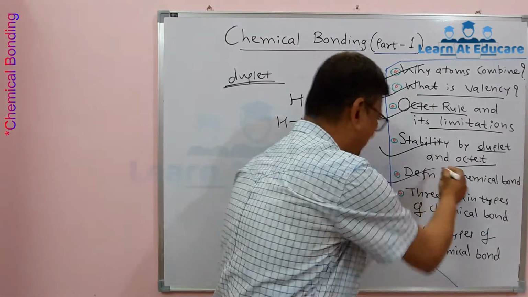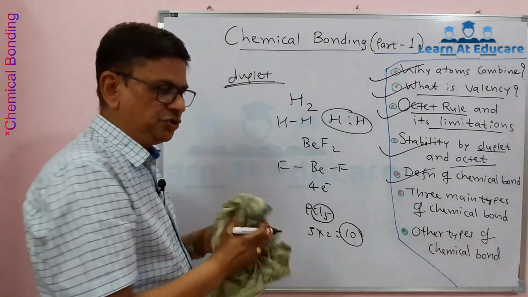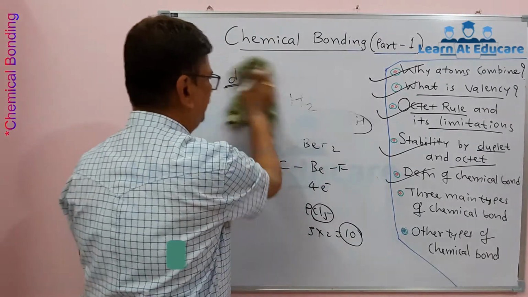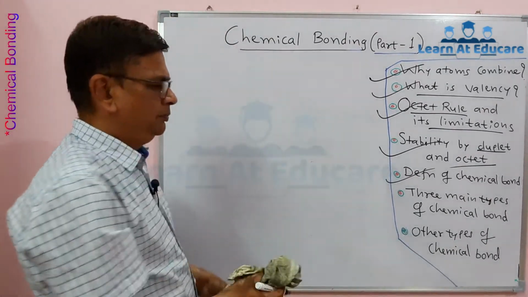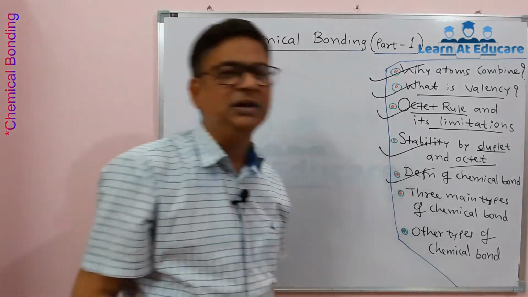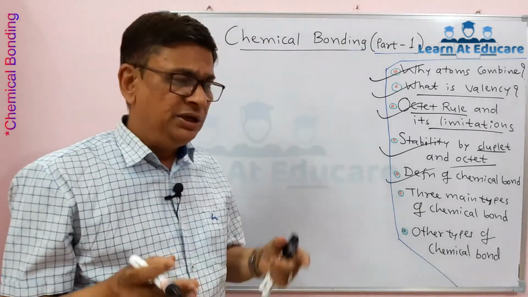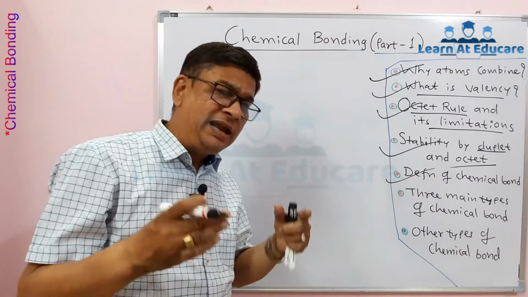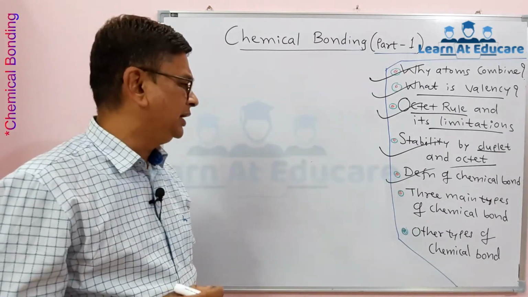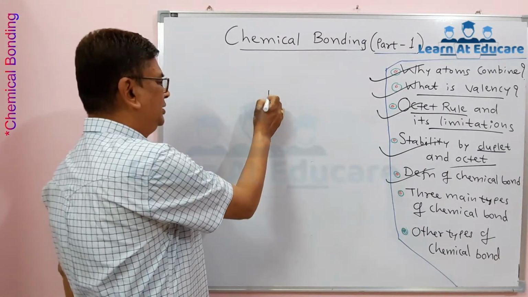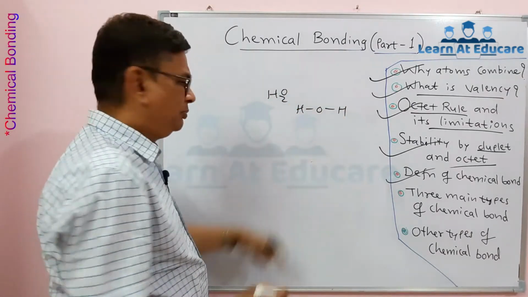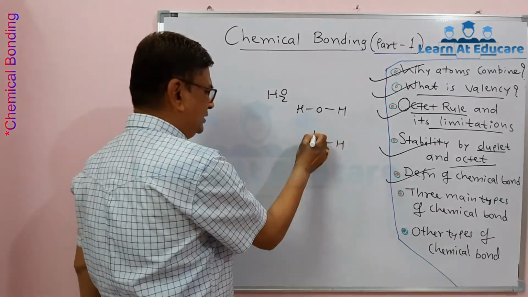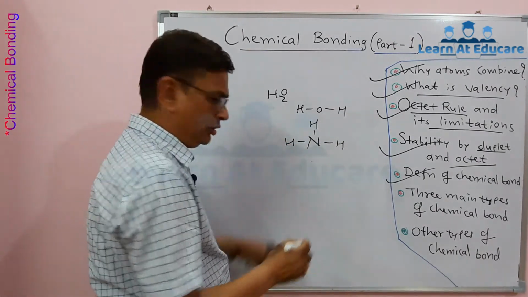Now we'll define chemical bond. What is an actual chemical bond? The definition of a chemical bond is the force of attraction between the various atoms or ions in a molecule or in an ion. For example, in water there are 2 O-H bonds. In ammonia there are 3 N-H bonds.